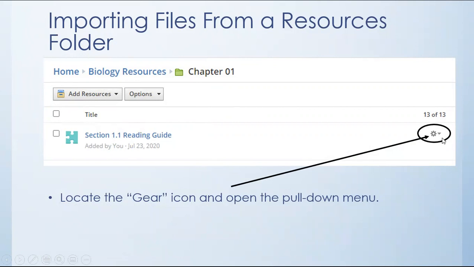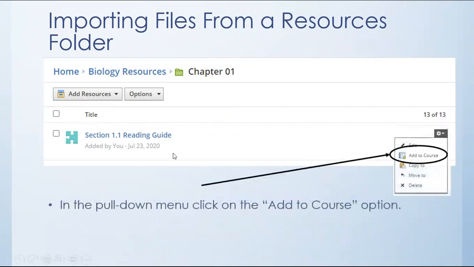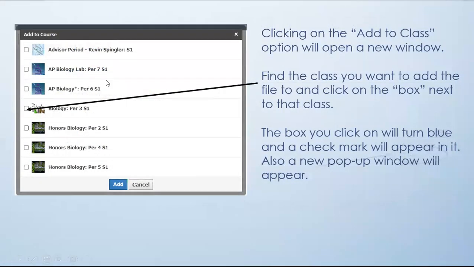This little triangle pointing down shows that this is a pull-down menu. In the pull-down menu, you can see there's a number of options here. There's edit, add to course, copy to, move to, delete, and so on. I'm going to click on the add to course option.